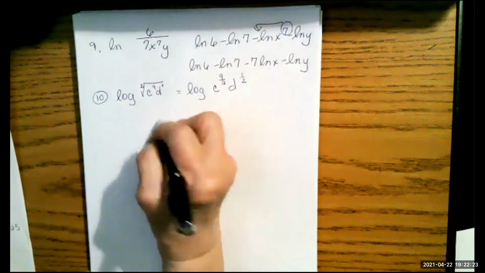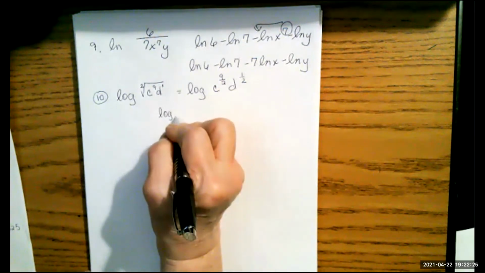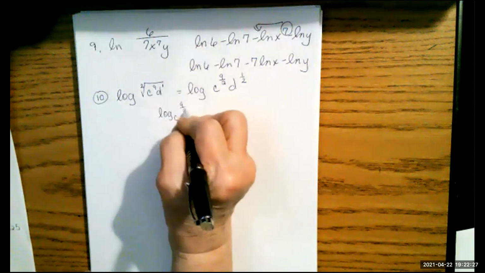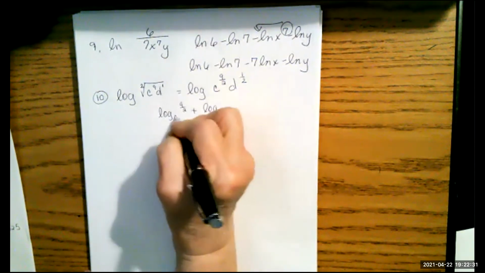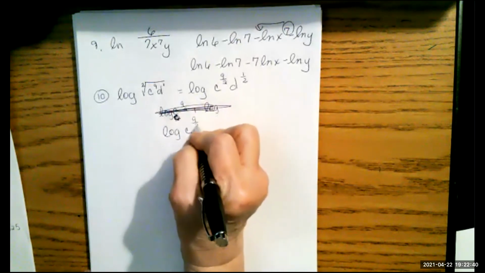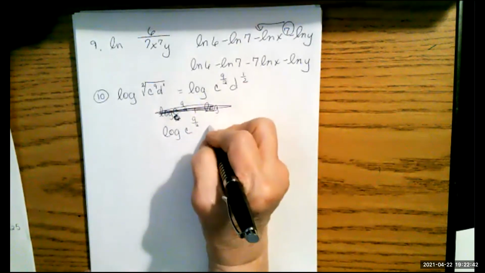Okay, now we're going to expand it. Log c of 9/2 plus log, not base c, log c. That's not a base, guys. Here, let me do that again. Log c, it's a base 10. They don't have the base written on there.